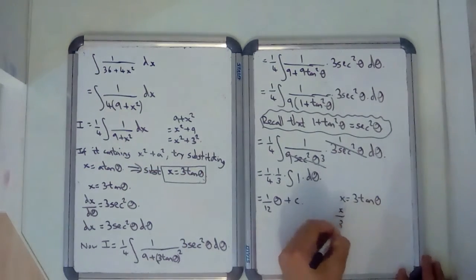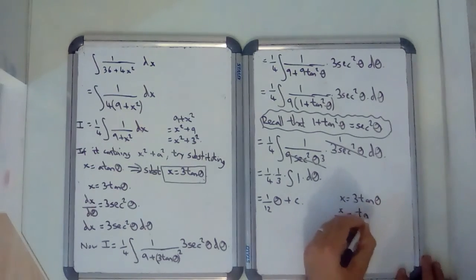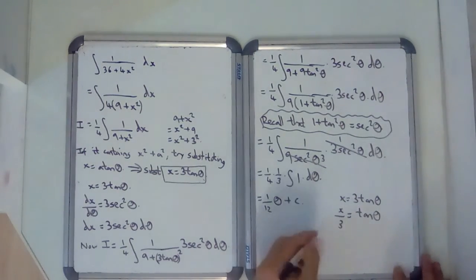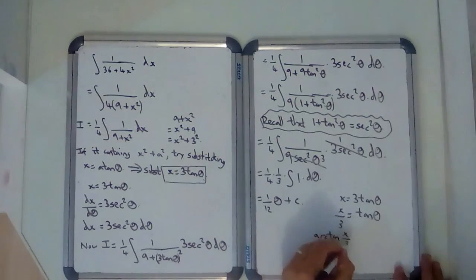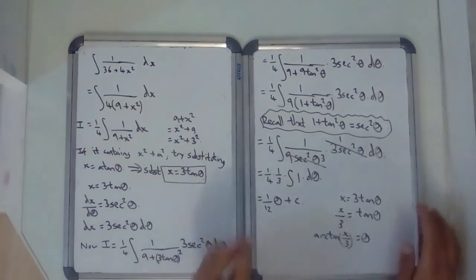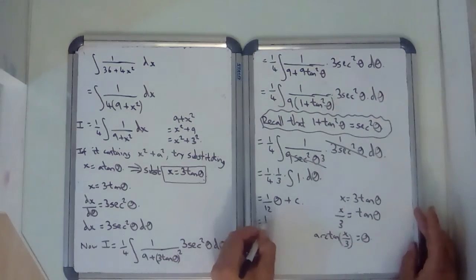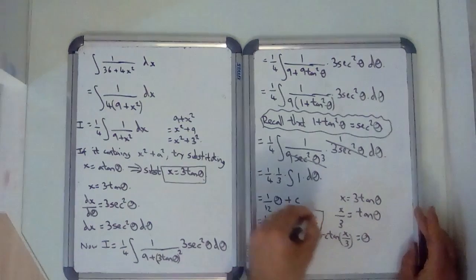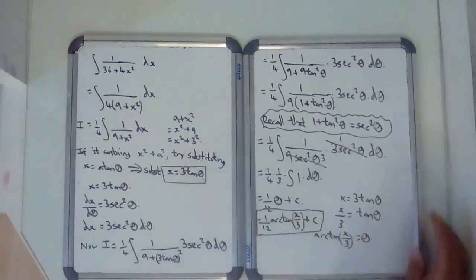So x over 3 must be tan theta, so theta must be the inverse tan of that, so arctan of x over 3 must equal theta. So then I can just put that in here. So the final answer equals 1/12 arctan of x over 3 plus the constant of integration.